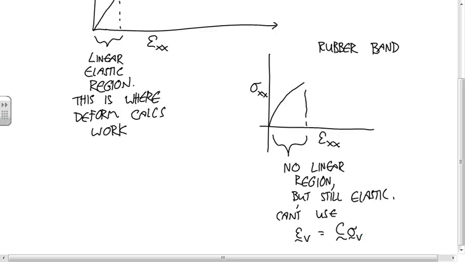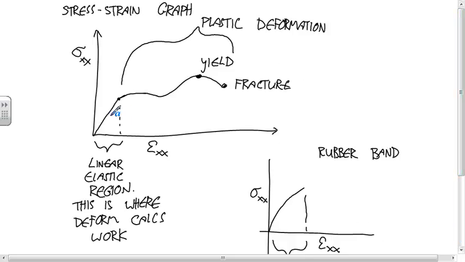Yes, question? We apply this linear relationship only in the linear region. That's right. Only things that have a linear region like this are what we're dealing with in this class, because that linear relationship between stress and strain is one of those four assumptions that we make in this class.